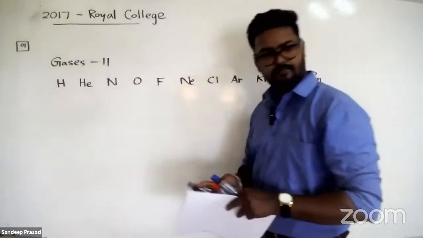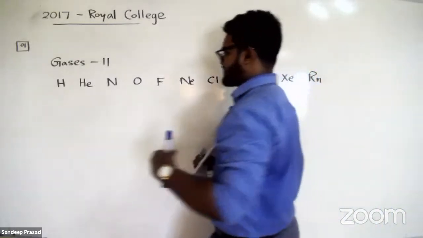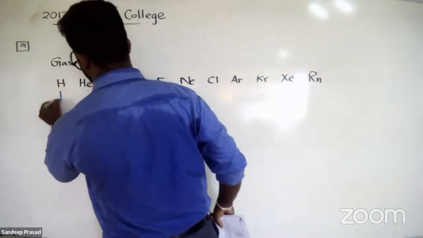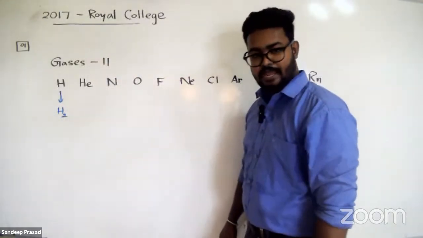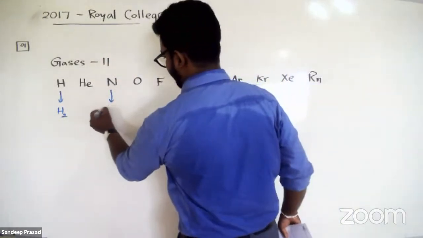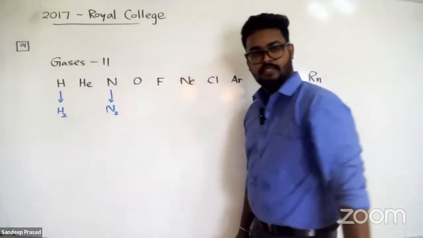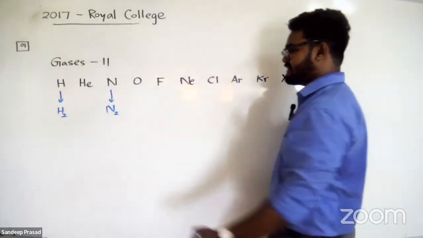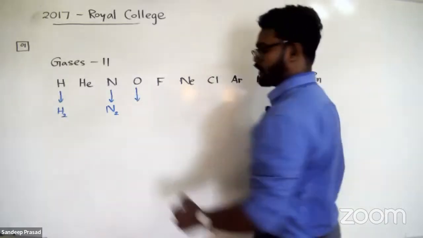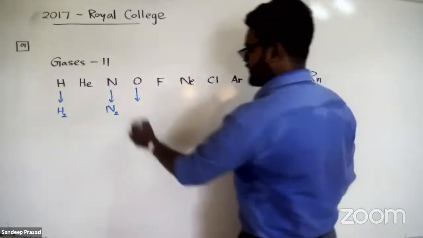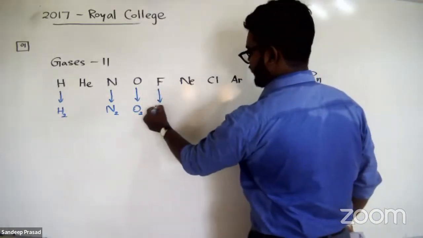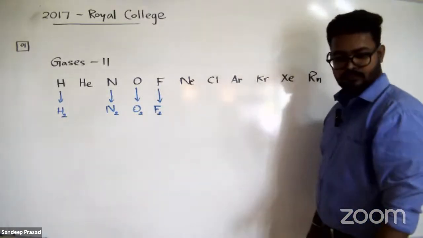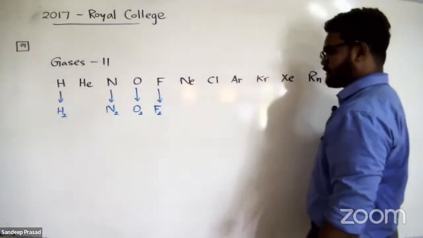Hydrogen, is it a diatomic molecule? Yes, the natural existence of hydrogen is H2 molecules. Helium, no, helium is not a diatomic molecule, but nitrogen is a diatomic molecule, N2. Diatomic molecule means there are 2 atoms. And the next one is oxygen gas, O2. And next one, fluorine gas, F2. Right? So all of them exist as diatomic molecules.